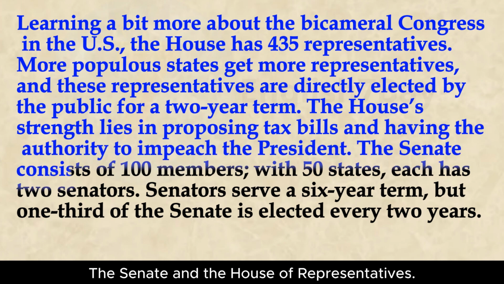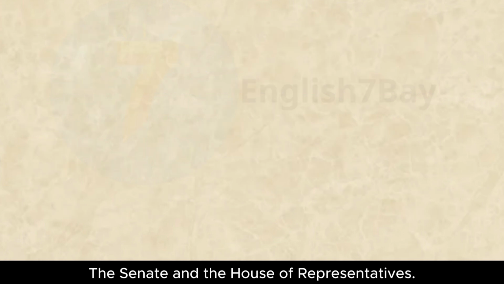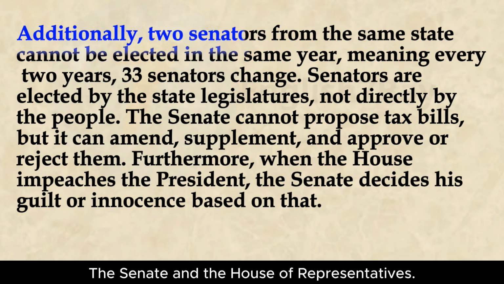The Senate consists of 100 members with 50 states. Each has 2 senators. Senators serve a 6-year term, but 1/3 of the Senate is elected every 2 years. Additionally, 2 senators from the same state cannot be elected in the same year, meaning every 2 years, 33 senators change.